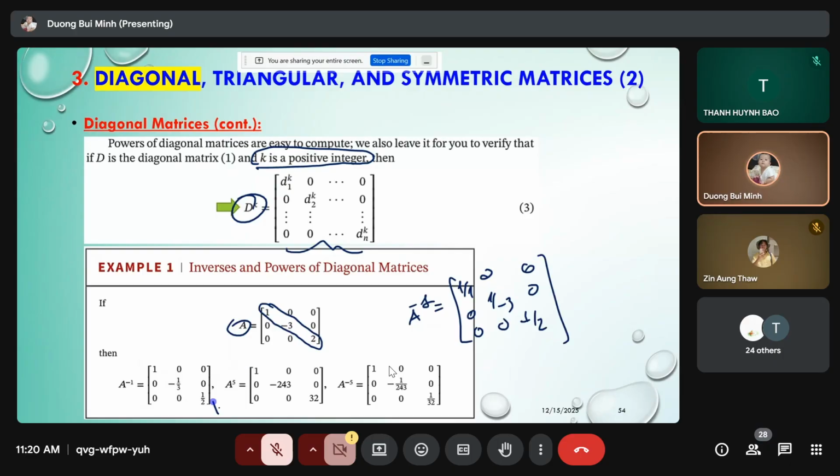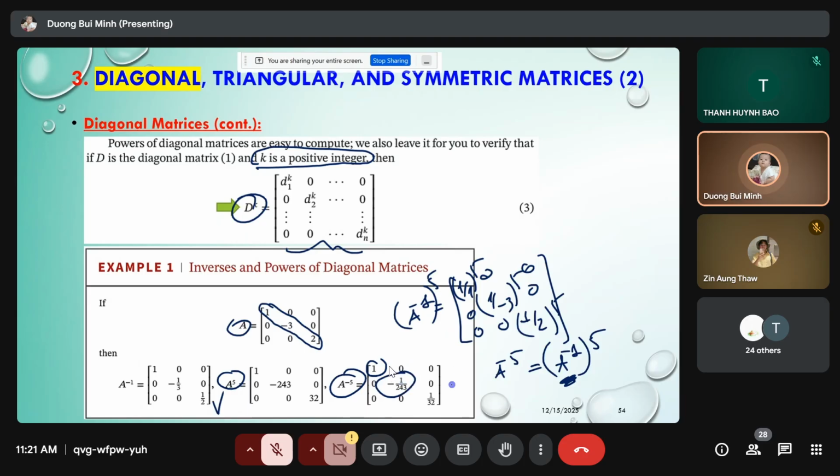Here, A to the power of minus 5. That means A to the power of minus 1, and then to the power of 5. So the inverse of A is this one here. Then we take the power of 5 of each element, and you get 1. Minus 3 to the power of 5, you get here, right?